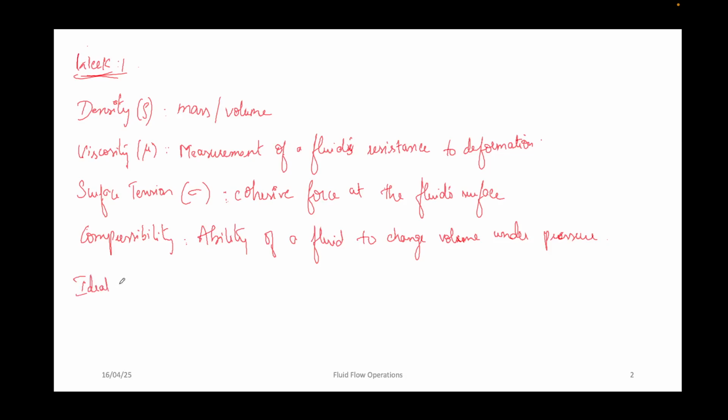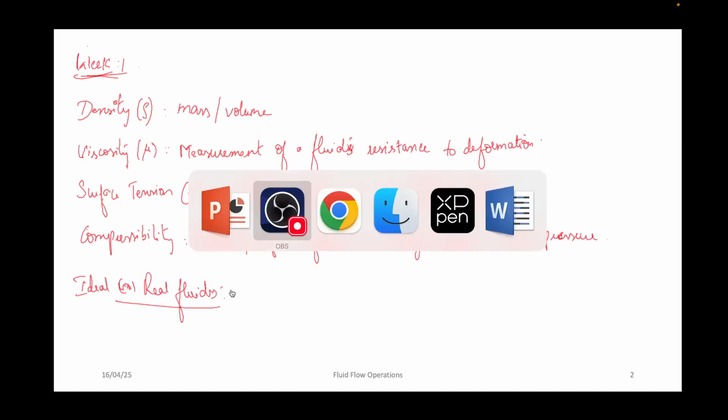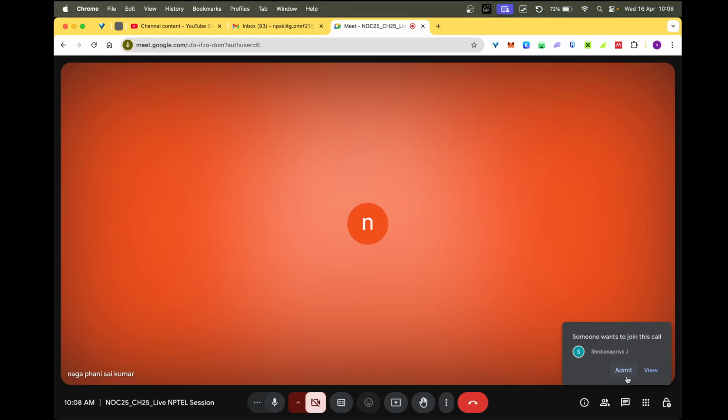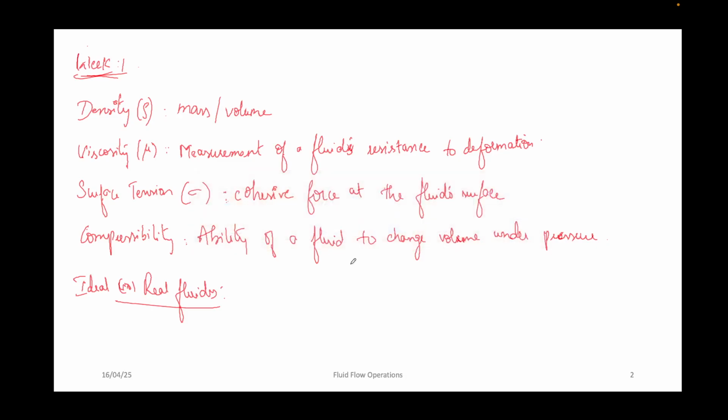And then we have ideal versus real fluids. So what is the difference between ideal and real fluids? Ideal fluids are basically imaginary fluids. They don't actually exist in nature. The properties of ideal fluids are that they are incompressible in nature and they have zero viscosity. Whereas real fluids exist in nature.